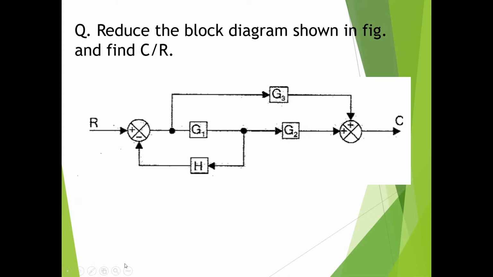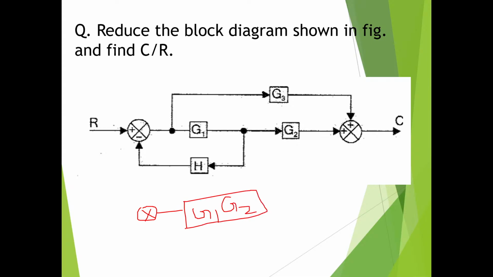Okay, so this is my summing point, and G1, G2 are in cascade.